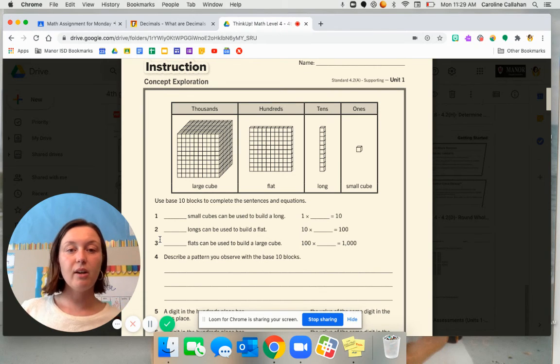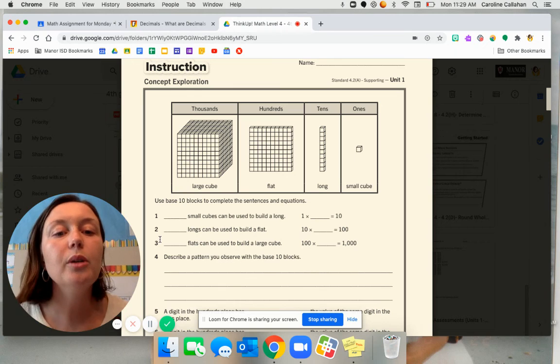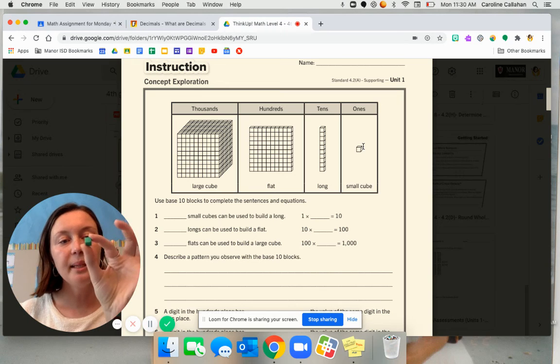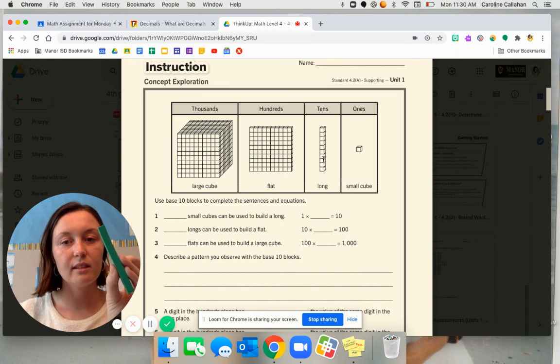I will need y'all to go in here and tell me, blank small cubes can be used to build a long. So here's the small cube, which is our ones. How many of these can build a long? So 1 times how many equals 10?